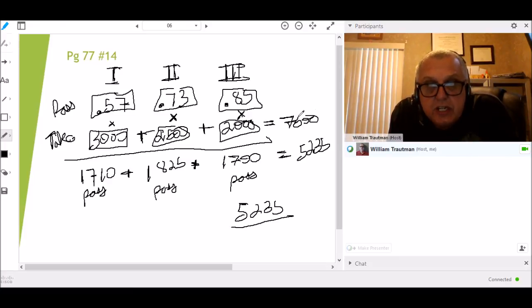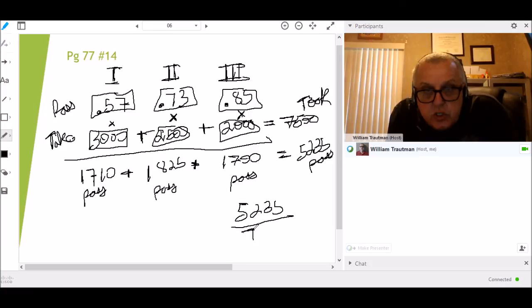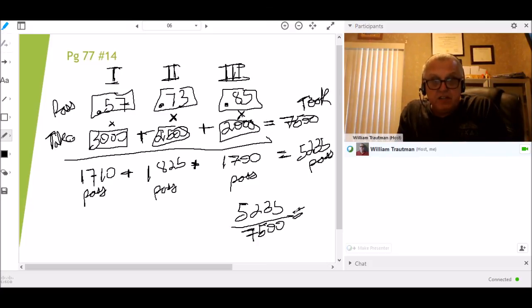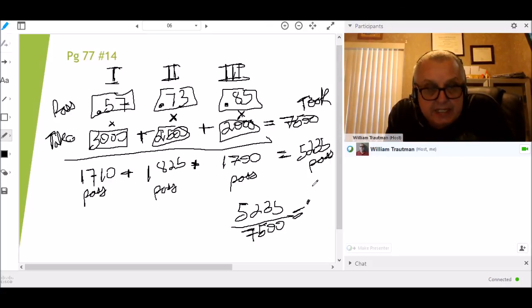Here's the people who took the test. Here's the people who passed the test. So you take the people who passed divided by the people who took it, and that's going to give you your overall pass rate. 5,235 divided by 7,500, and you get 0.698.